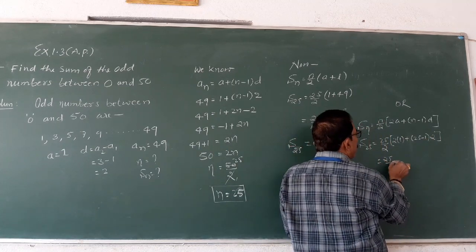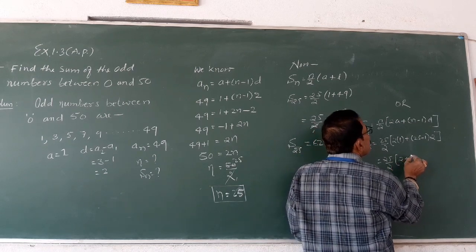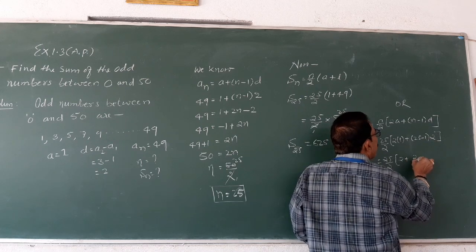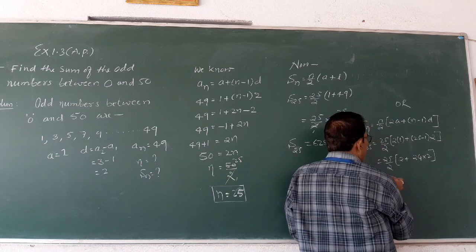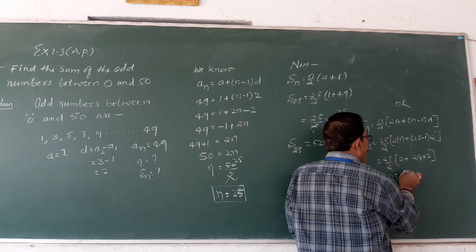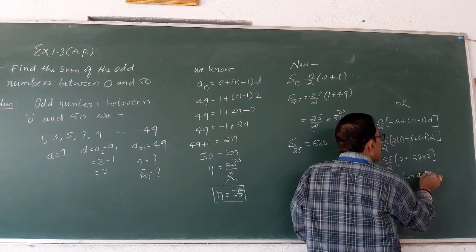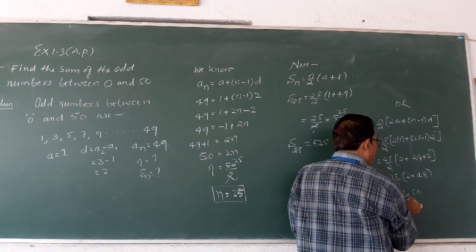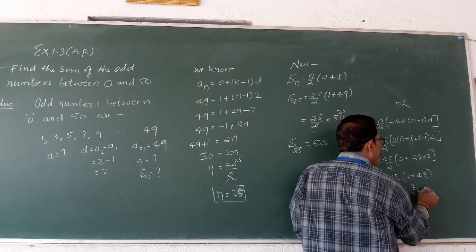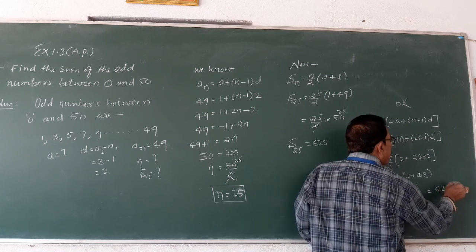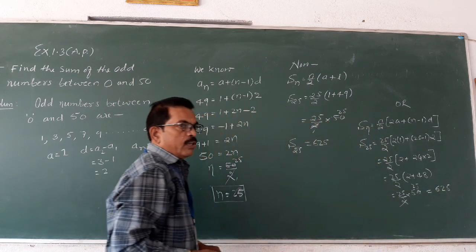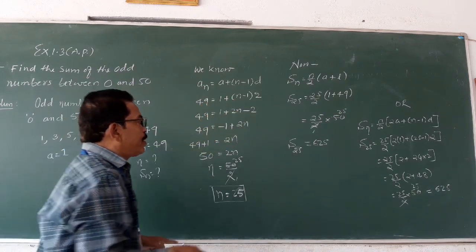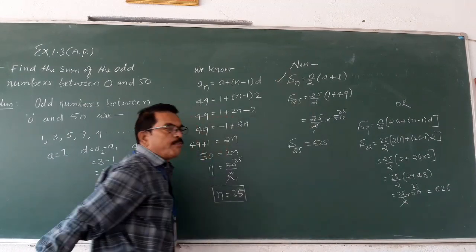So 25 by 2, 2 ones are 2, plus 24 into 2. So 25 by 2 in the bracket 2 plus 48. So 25 by 2 into 50. Here also we get 625. So you can use either formula. If the last term is given, it is better to use the first one, because simplification becomes very easy.